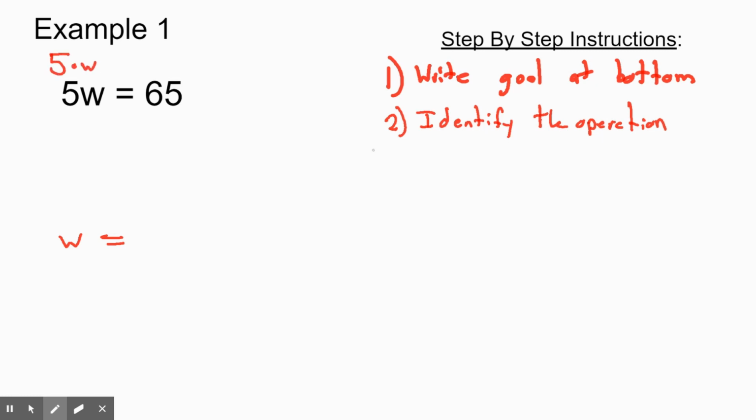So we know that we're going to need to undo some multiplication. And what is the opposite of multiplication? Of course, it's division. So we're going to use the opposite property of equality. And again, make sure that you are writing this down.